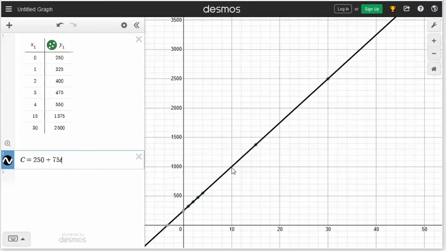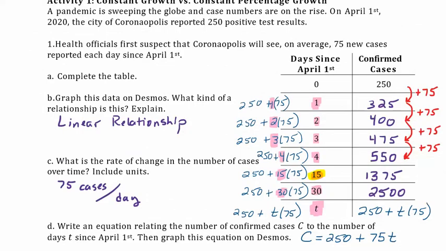So I could come over here to 10 days and click on this, and the ordered pair pops up. It says after 10 days you'll have 1,000 cases. Sometimes it's hard to get it right on the nose. After 20 days you'll have 1,750 cases, and we can get all the data that we need by looking at all the points on that line. Pretty cool, huh? All right.